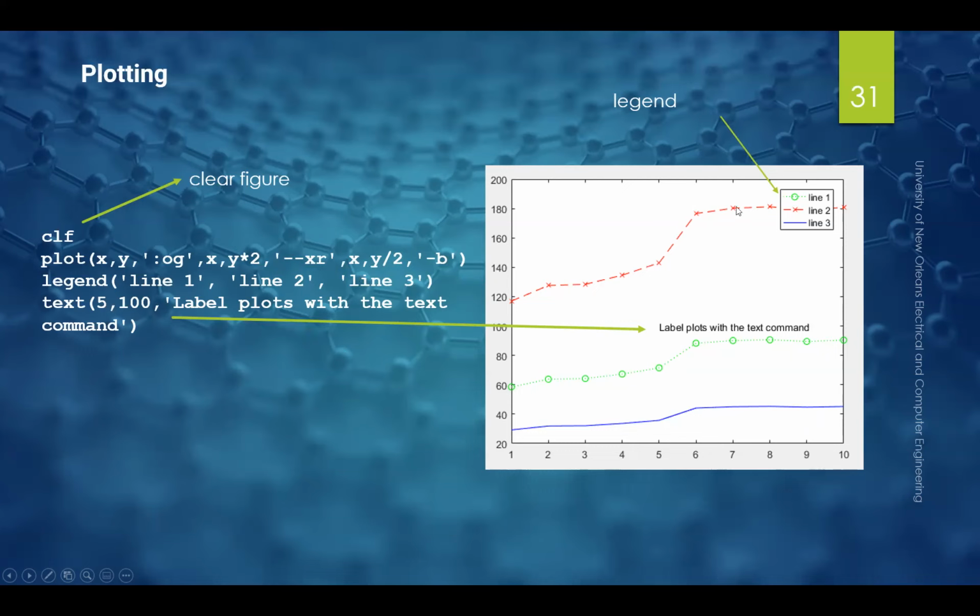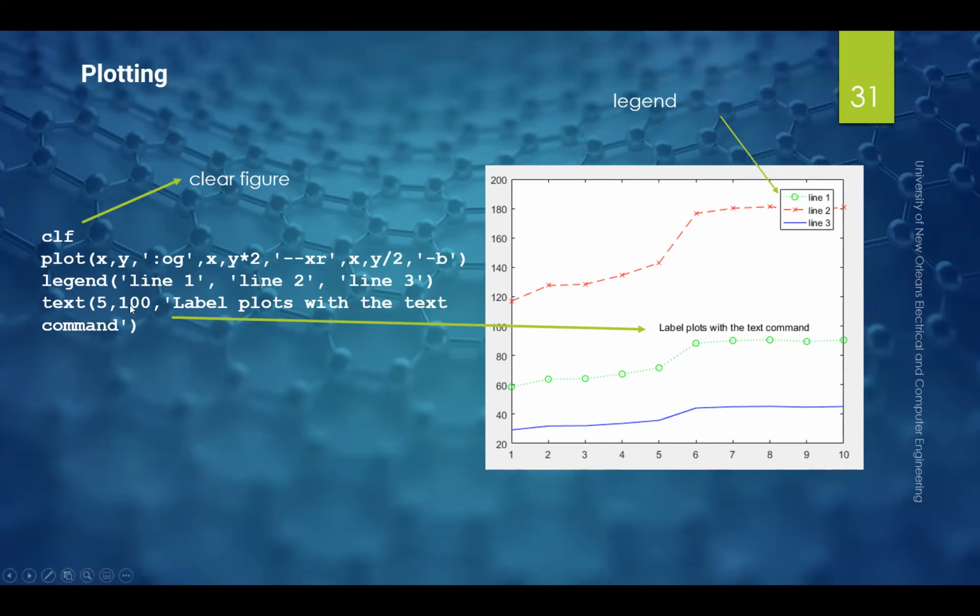And of course, I'm using the legend in this case, and I'm just labeling the legend with line 1, line 2, line 3. So this shows you exactly what happens, right? With the legend command, it puts it on this corner. You can move it from that place if you want.